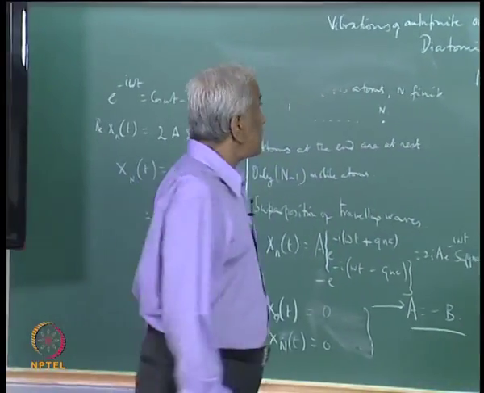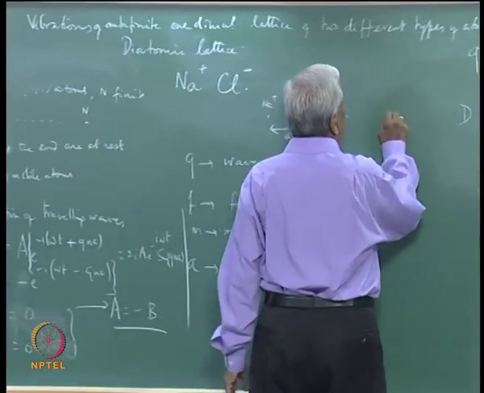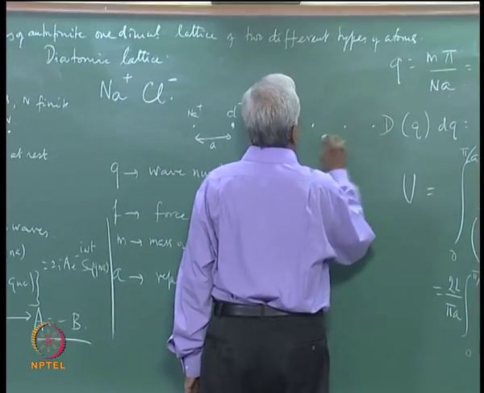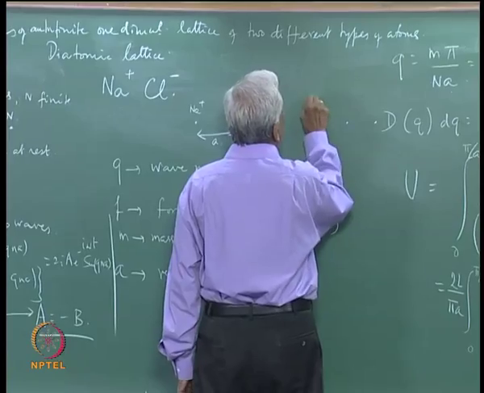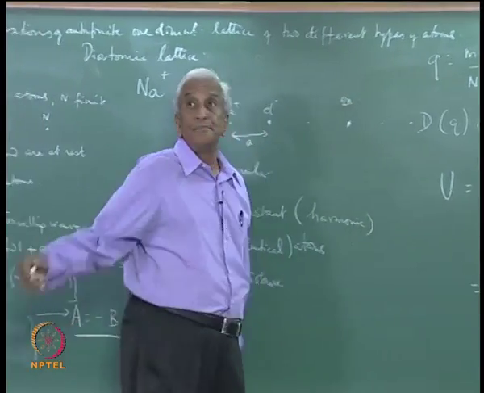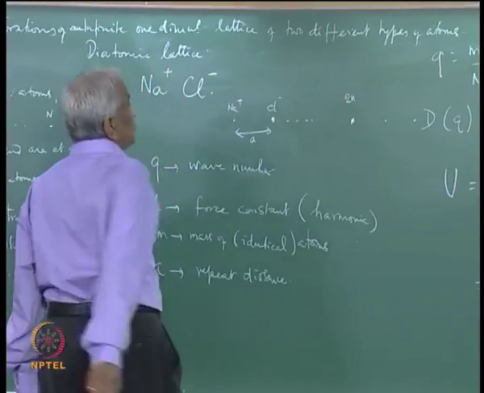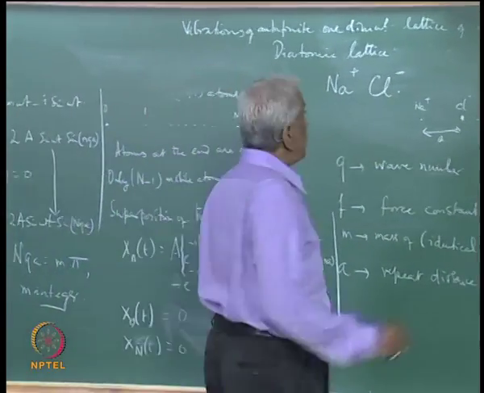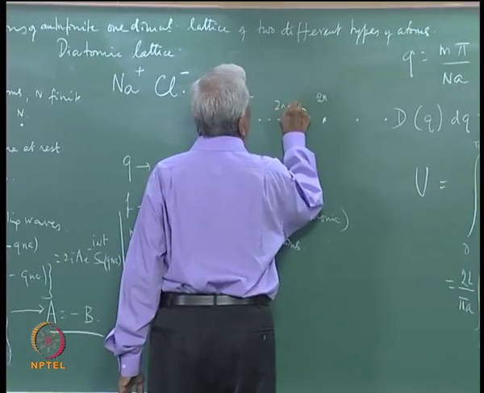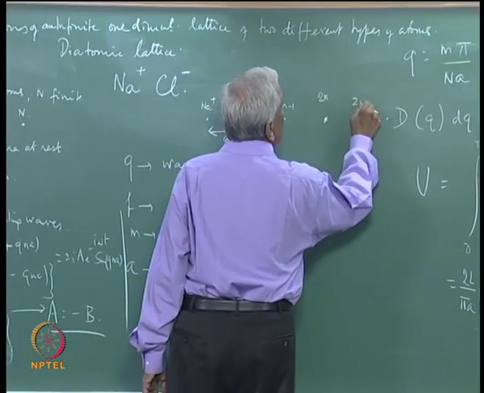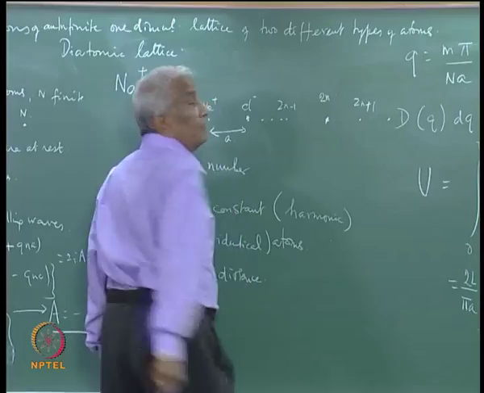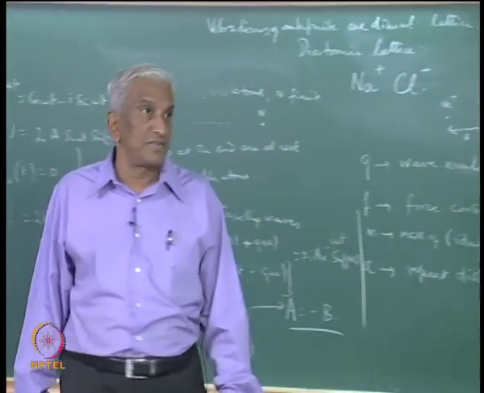So, let us consider the 2nth atom, say this is the 2nth atom. You have many such. You have its neighbor 2n minus 1 and another neighbor, we consider only next neighbor interactions.